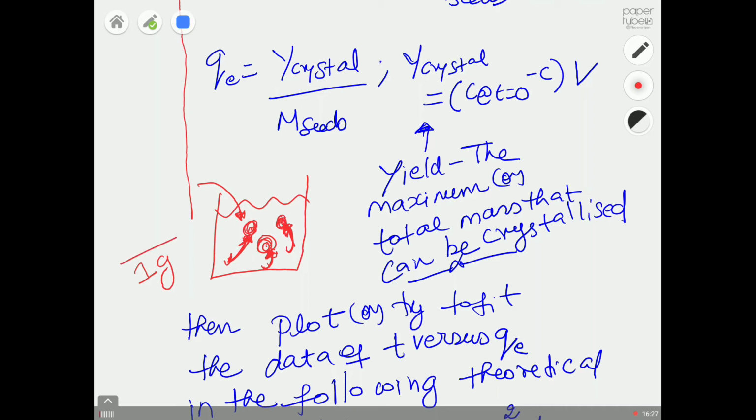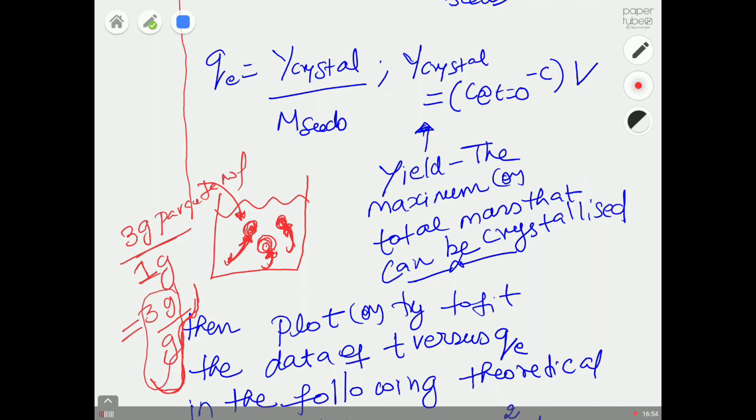So which means we transferred a total of 3 grams of paracetamol. So 3 grams of paracetamol divided by this 1 gram of all the seed particles that we added. That will be equal to 3 grams per gram. So we are going to calculate some number like this.